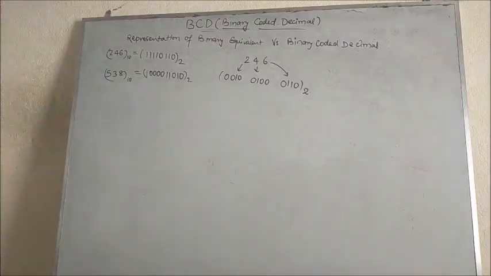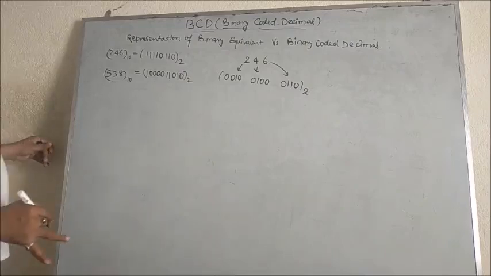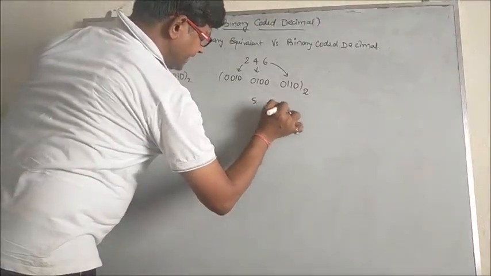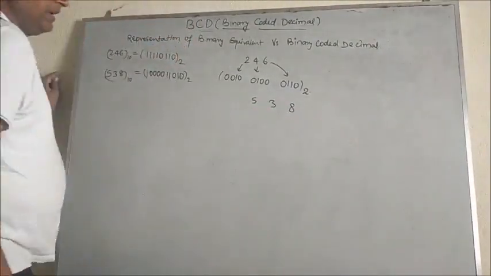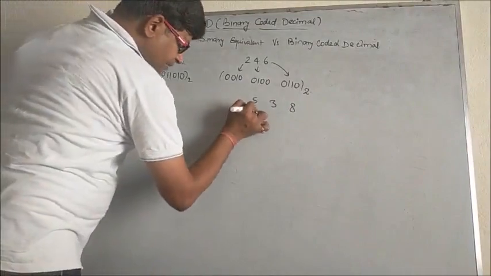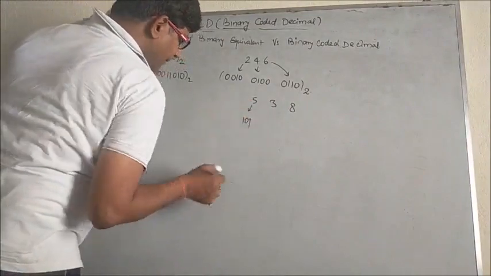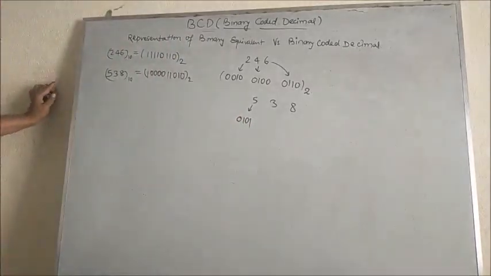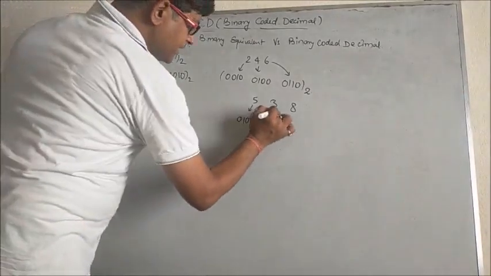Now let's take the second one, that is 538. So 538 will be how much? You can take 5 here, 3 here, 8 here, right? So 5 can be represented as 101, but in binary coded decimal it will be 0101, right? Fine. How will 3 be represented?